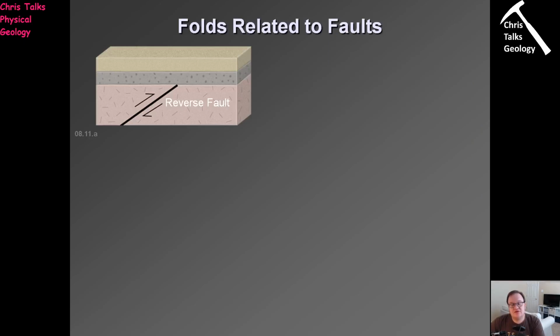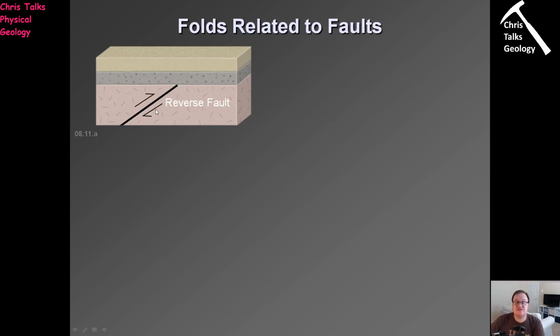Okay. So another thing we need to think about is how brittle deformation, so faulting, can actually lead to the formation of ductile features, folds. So you're thinking, all right, here we go, this sounds a bit complicated. So here's our situation. In this case, we have ourselves a fault.